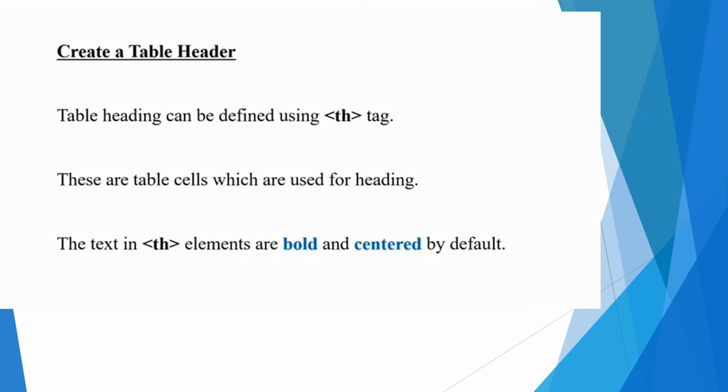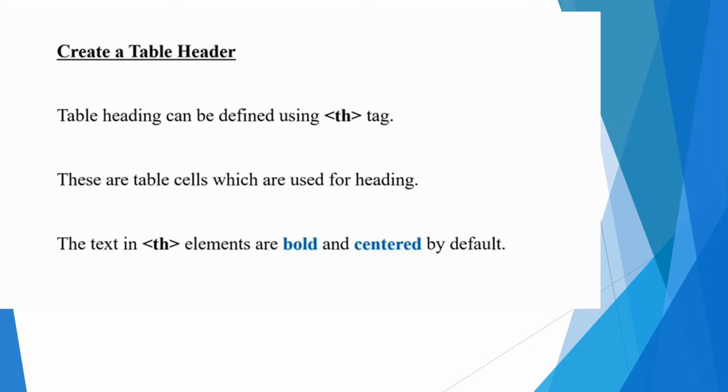How to create a table header? To create a table header, we will use the th tag. These table cells are used for headings, as already explained in the previous table, where there are some fields representing the following content in the cells.